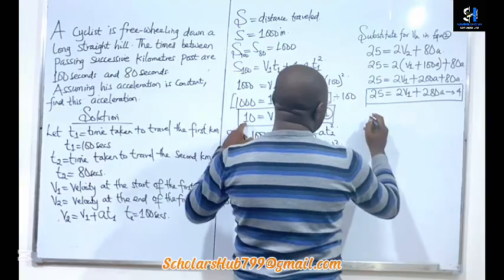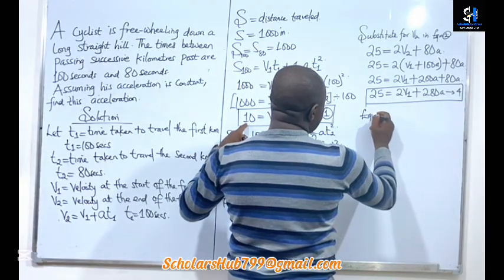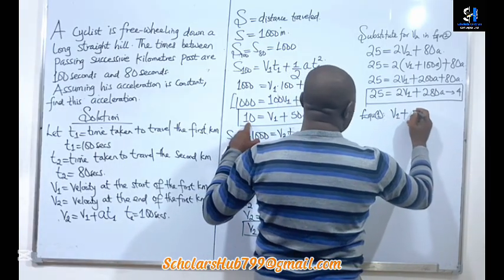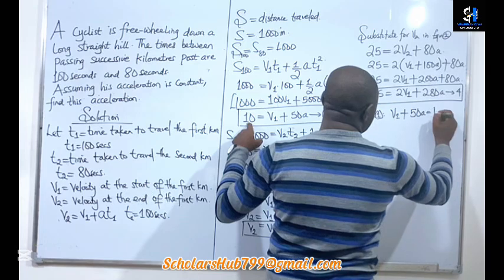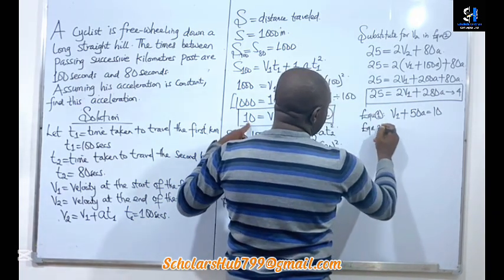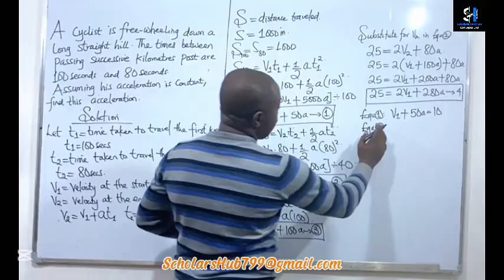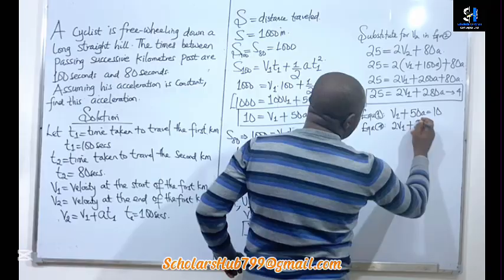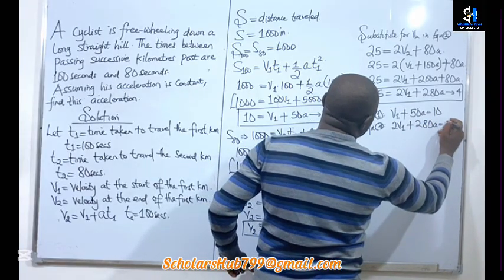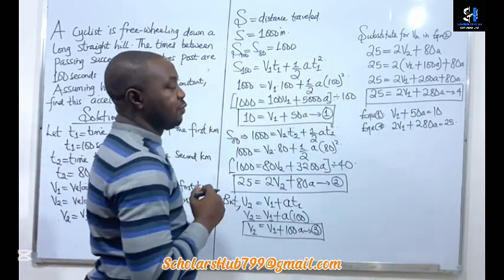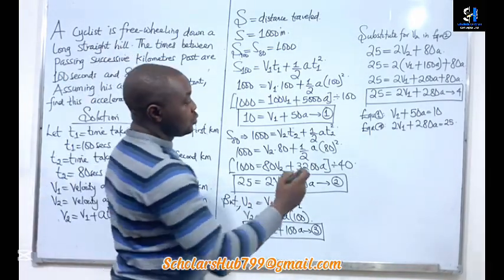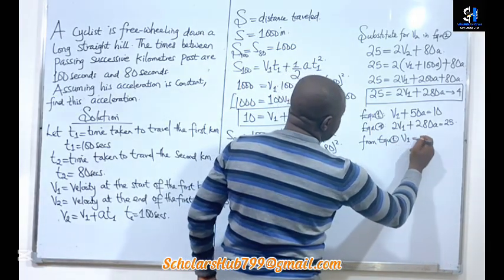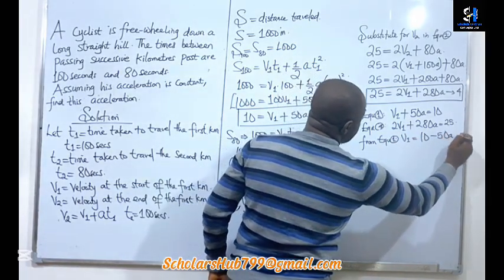All right. So from here we have equation 1, which is V1 plus 50A equals 10. Then by using equation 4, which is 2V1 plus 280A equals 25. Now let's use the substitution method. From equation 1, we have V1 equals 10 minus 50A.